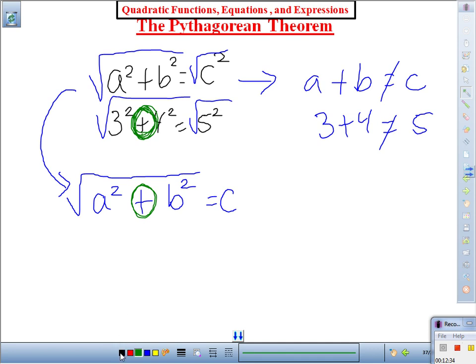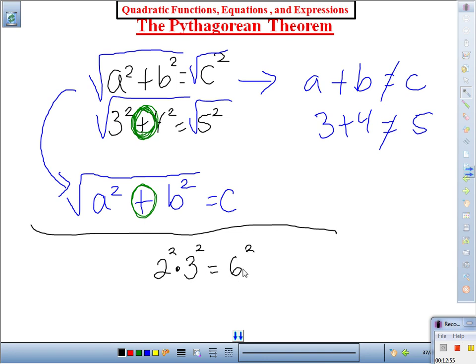Now, for those of you that still are a little bit iffy about it, let me show you now with a different operation. 2 squared times 3 squared equals 6 squared. So if I was to do, what is 2 squared? 4. What is 3 squared? 9. What is 6 squared? 36. What is 9 times 4? Is 36 equal to 36?